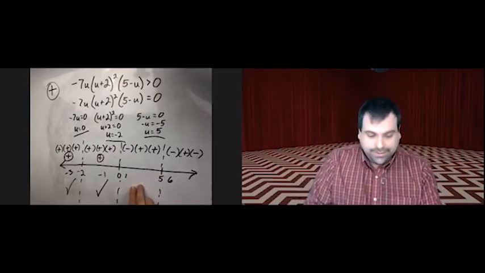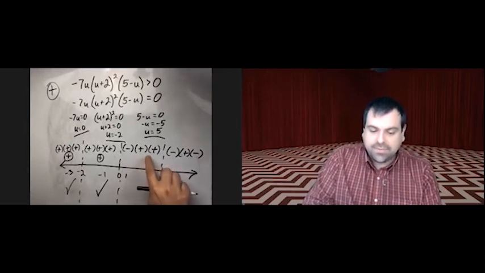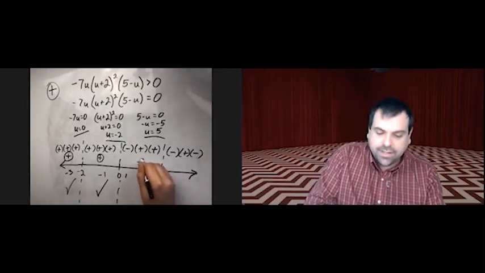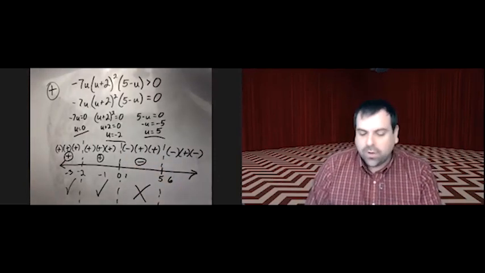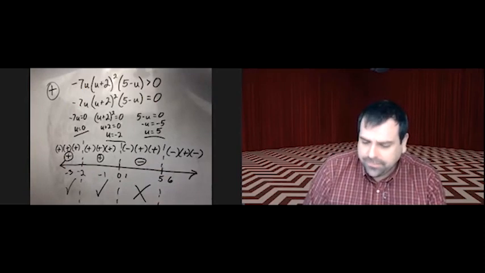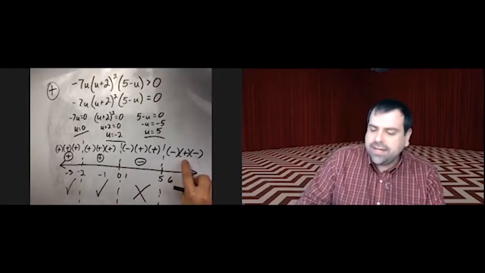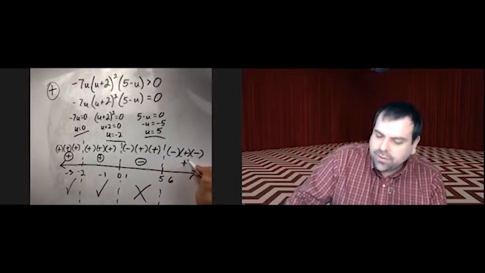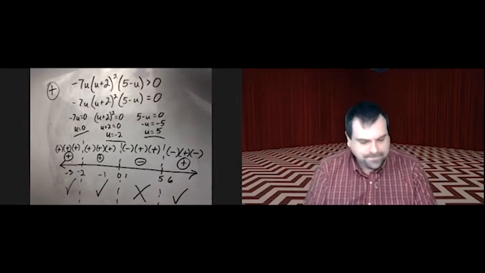Over here, negative times positive is negative, times positive is negative. Overall negative, that's not what we want. That section is not included. Negative times positive is negative, times negative is overall positive. Section 4 is included.